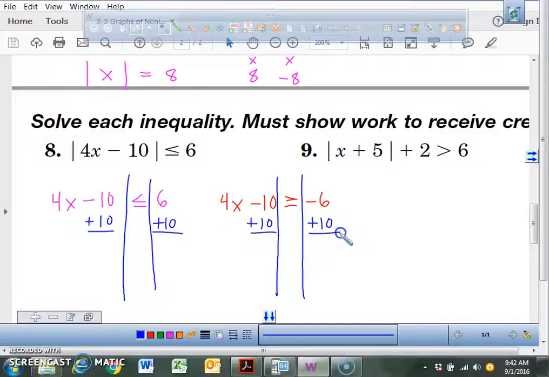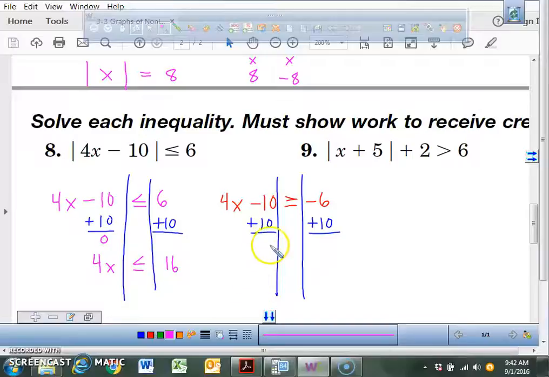Look at the one. Could you tell me what I'm going to have left right over here? 4x. You got it, because that's a whole lot of zeros. We've got a less than or equal to, what is that? 16. You got it. Excellent.